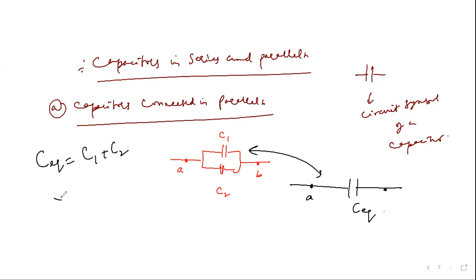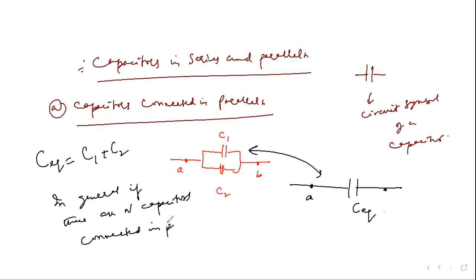So in general, if there are n capacitors connected in parallel, then, this is for 2.